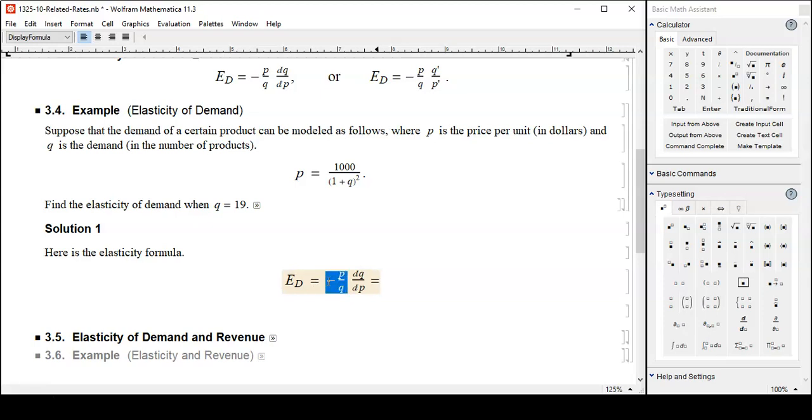So this quantity here times the derivative. And that's the computation you want to do. All right? Everybody agrees? Okay, let's calculate the derivative.